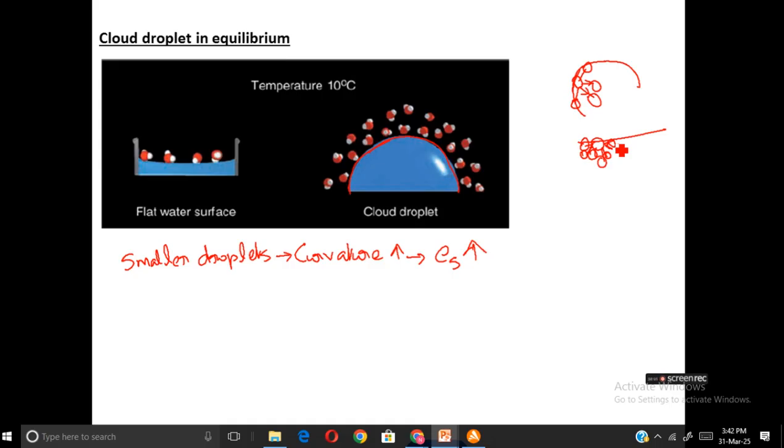The water molecules are less strongly attached to the curved water surface, hence they evaporate more readily. Whereas in case of a flat surface, the water vapor molecules are more strongly attached to the nearby molecules. So evaporation happens more readily in case of a cloud droplet compared to that of a flat surface.